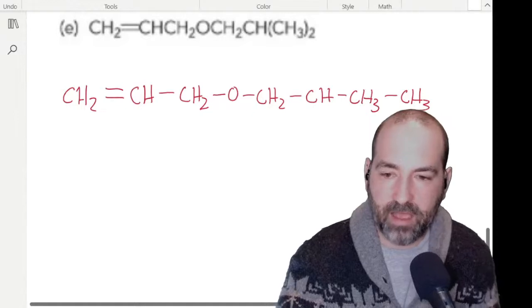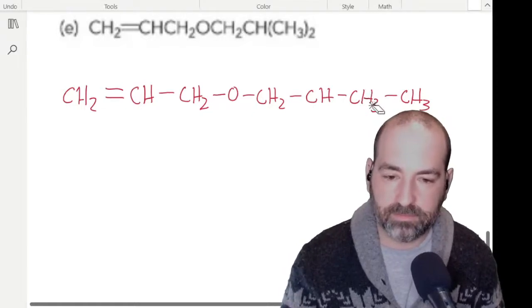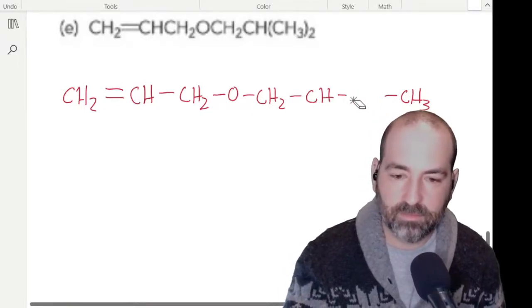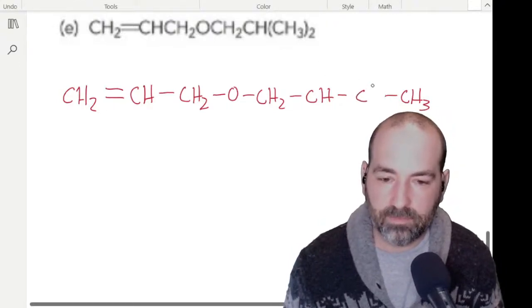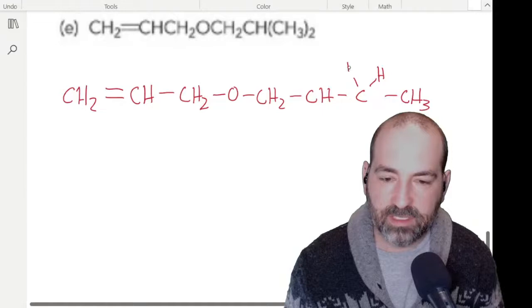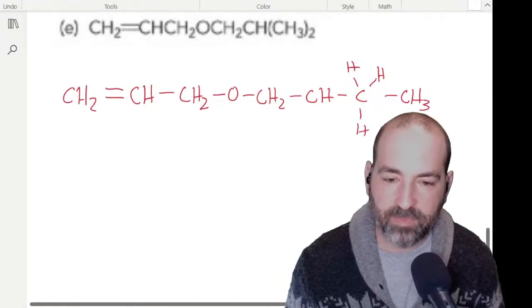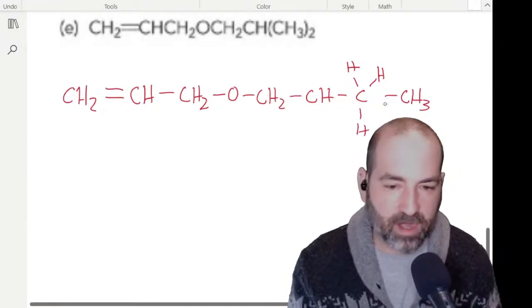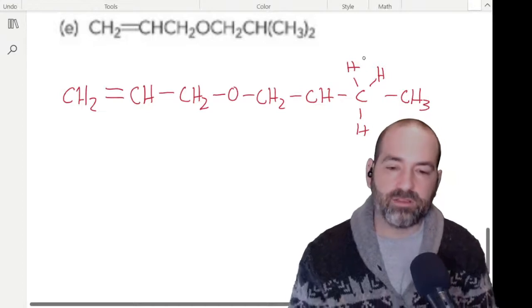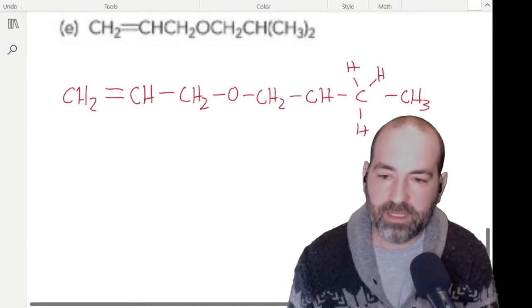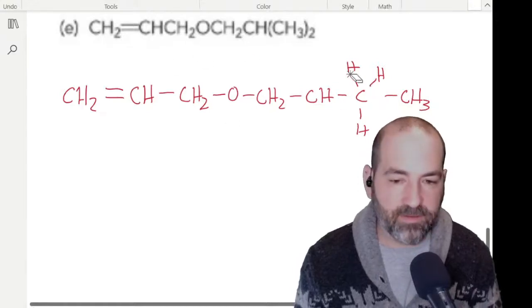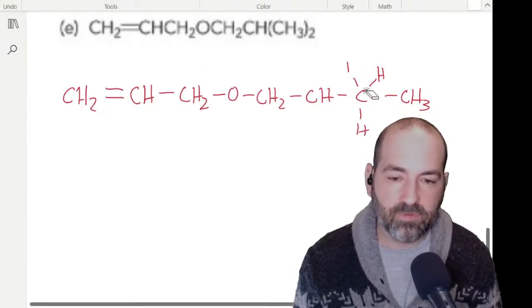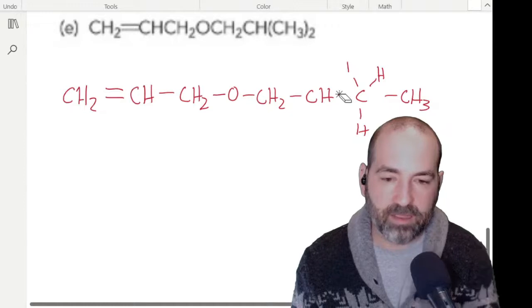If we drew that out, that's a CH3, so that means 3 hydrogens. That can't work because that carbon now has 5 bonds. So we know that's not right. And it's totally okay to do some trial and error here: write it down, try it out, see if it fits, and when you realize it doesn't, go back and try to fix it.